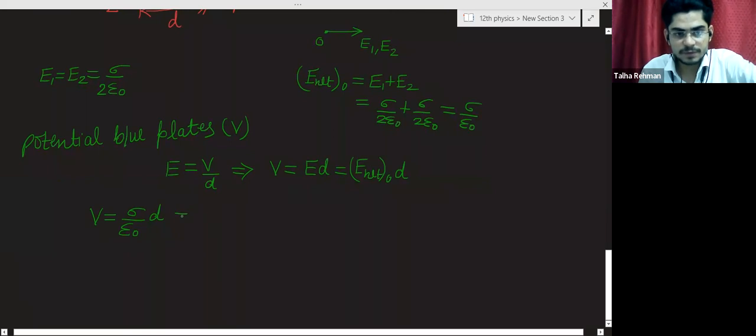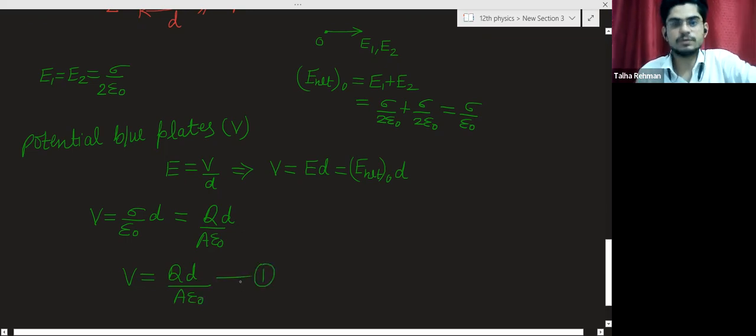So sigma will become Q by A. This is the value of sigma, and this is epsilon naught, and this is D. So we have the value of potential as QD divided by A epsilon naught. You can consider this as equation 1.